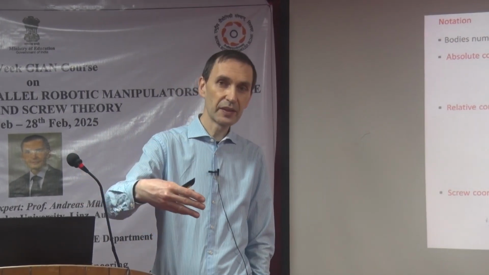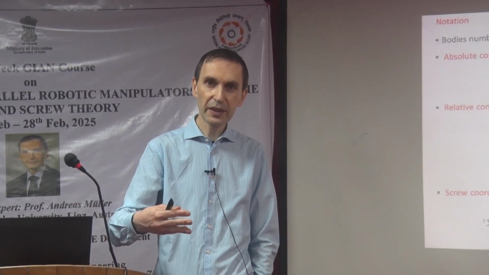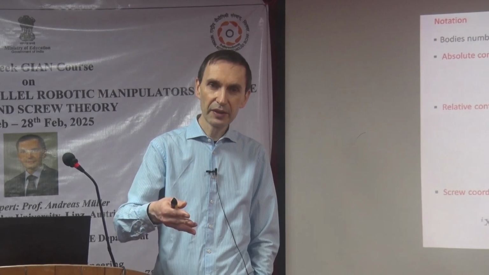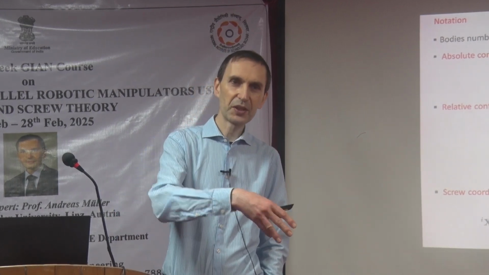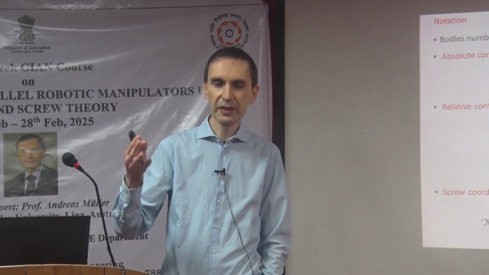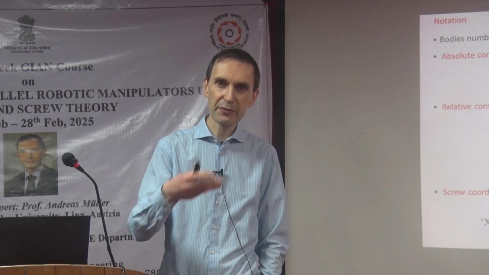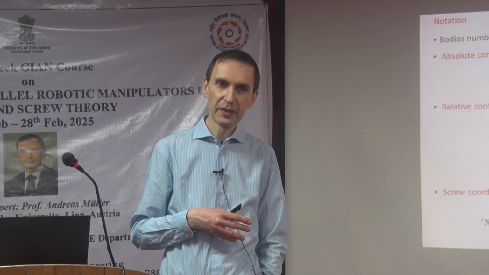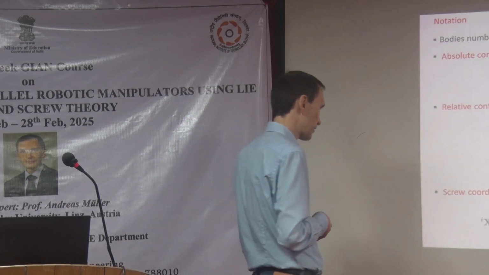And then we concluded that, if this is so, we can have a screw coordinate vector that we plug into the exponential so that we finally get the relative motion. The finite motion we get via the exponential from this screw coordinate. Okay, this was the justification.